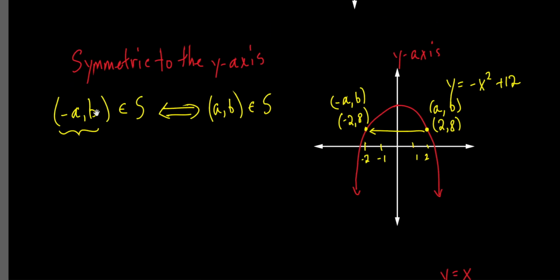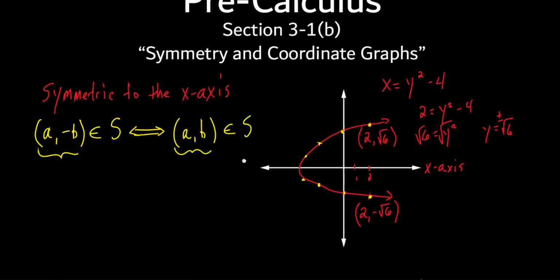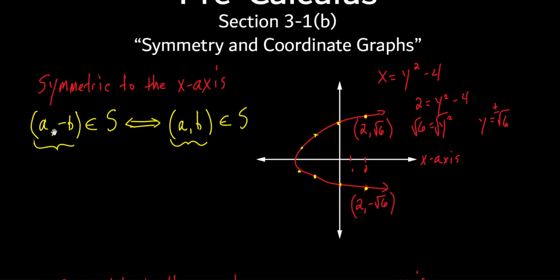If all you do is keep the order the same, but you change the first one to the opposite sign, then it's symmetric to the y-axis. And if you keep the order the same, but you only change the sign of the B, the y value, then it's symmetric to the x-axis.